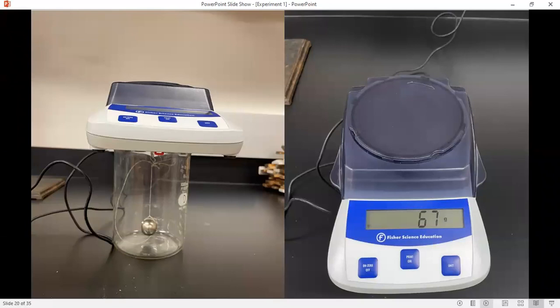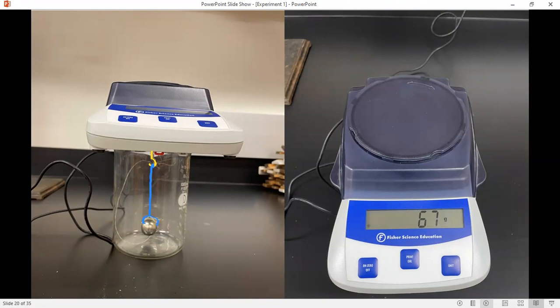It's hard to see, but again, this is the same scale. You can see it from the top here in this picture, but there's a little hook here that the string is then attached to. So the string just ties in right here and attaches to the sphere.